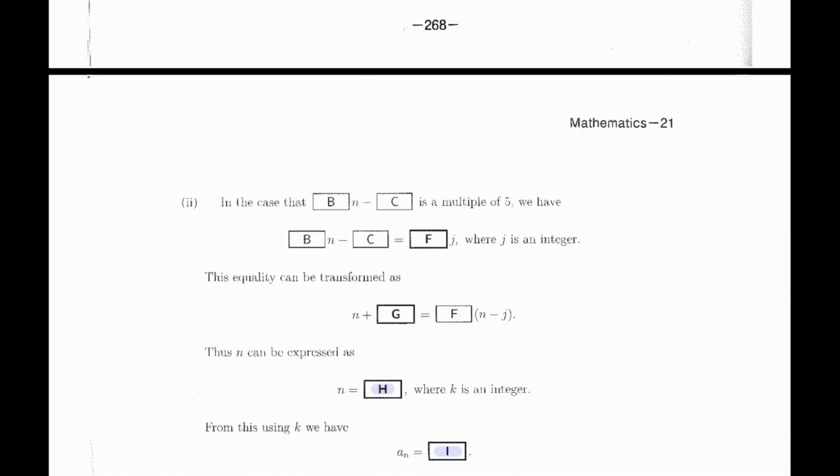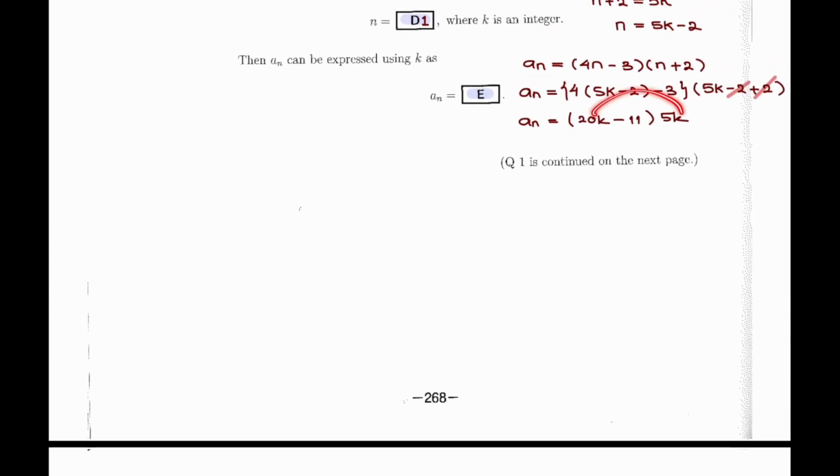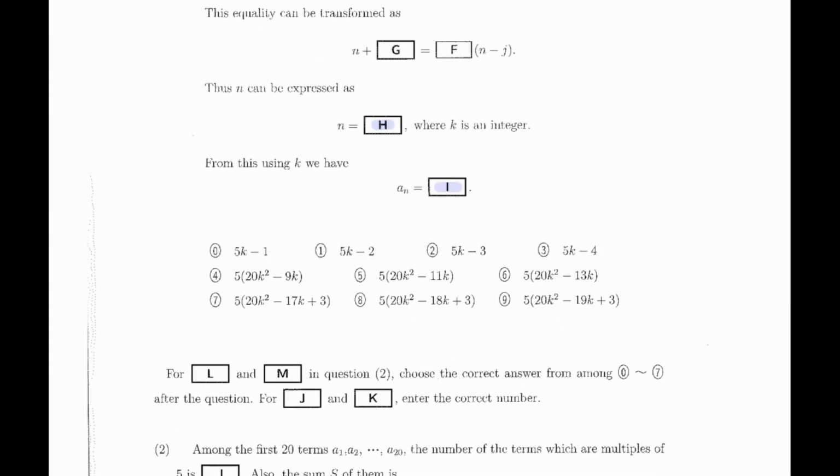Oh, I think we need to distribute the k, yeah? If I distribute the k into the bracket, then I will obtain 100k squared minus 11k. So my answer for letter E is 100k squared minus 11k.